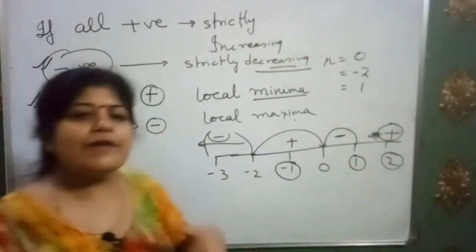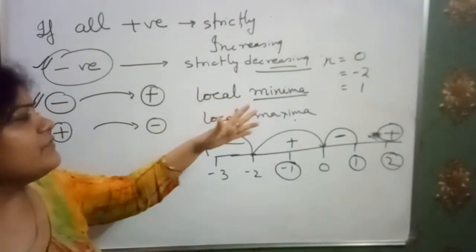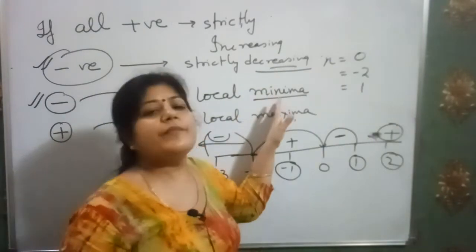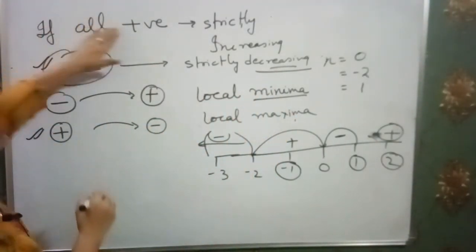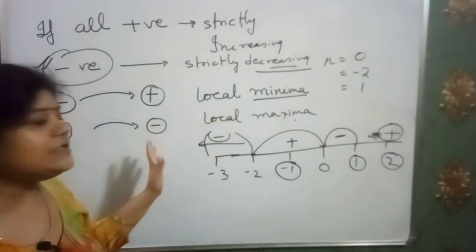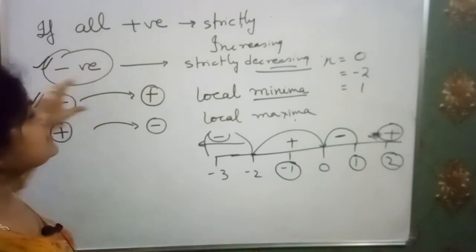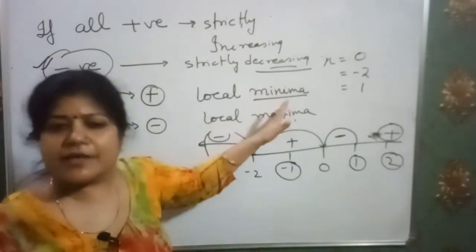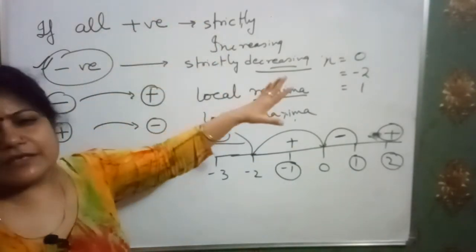When we have overall lower values, that is negative values, we have decreasing or minima. And when we have positive values, we have maxima and increasing. I think it's easy to remember now. Clear? That means minus means decreasing, minus means minima. And plus means maxima, plus means increasing.